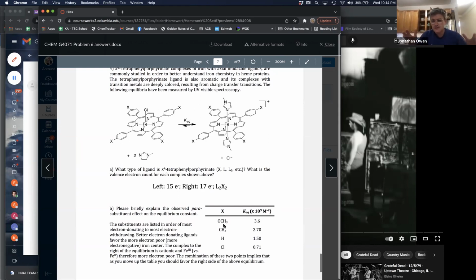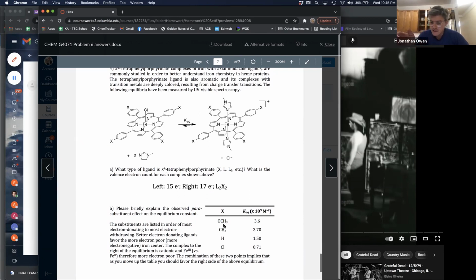Yes, the oxygen is electronegative, but the dominant issue here is how the electron pair of that substituent interacts with the pi system of the benzene ring. So a methoxyphenyl is an electron-rich thing compared to a toluene, where you have a methyl in that position instead of methoxy. And the methyl compound is more electron releasing than the hydrogen compound.